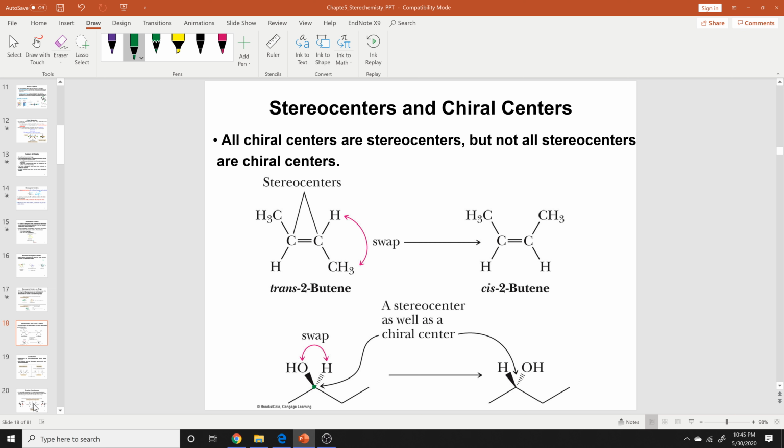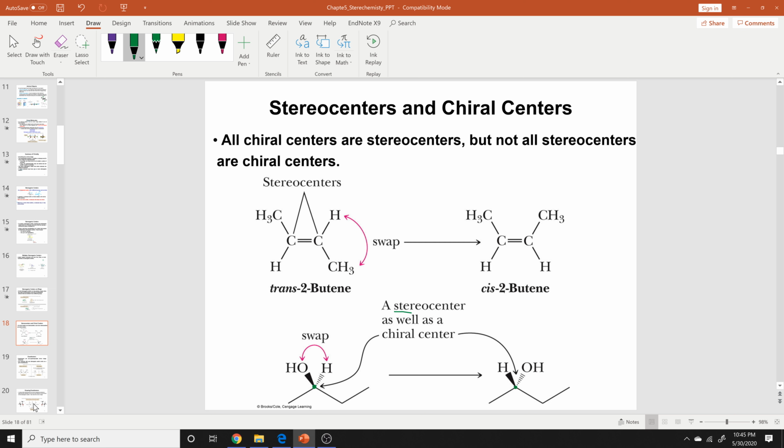So this is called a chiral center because it's connected to 4 different groups. It is a stereocenter because of the orientation of the atoms on that center. I can swap, so this is why I'm calling it a stereocenter. So all chiral centers normally are stereocenters, but the opposite is not true.